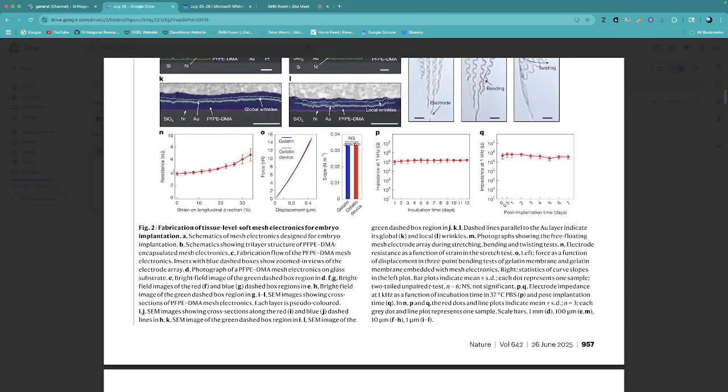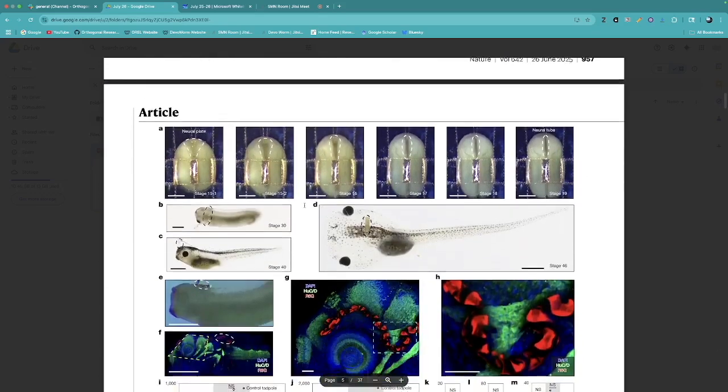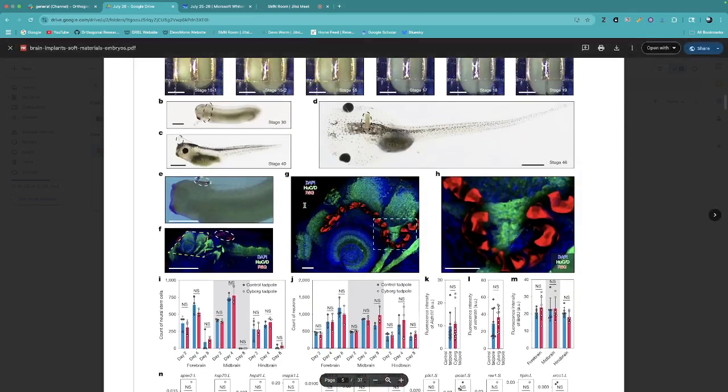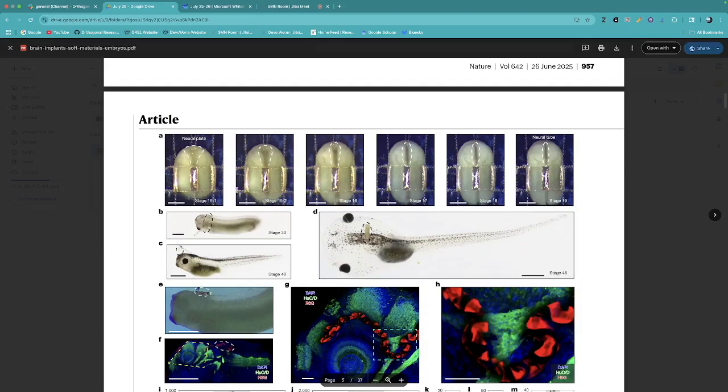And then of course they have this electrical impedance resistance testing, where you have measures of resistance and impedance and force for displacement, and over space and over days, over time. And then this just shows the neural plate and the neural tube as we move through development, isolating that out and showing this process.